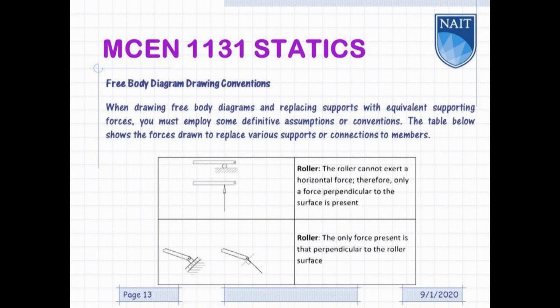Free body diagram drawing conventions. When drawing free body diagrams and replacing supports with equivalent supporting forces, you must employ some definitive assumptions and conventions. The table below shows the forces drawn to replace various supports or connections to members. Follow along. Roller. The roller cannot exert a horizontal force, therefore only a force perpendicular to the surface is present.